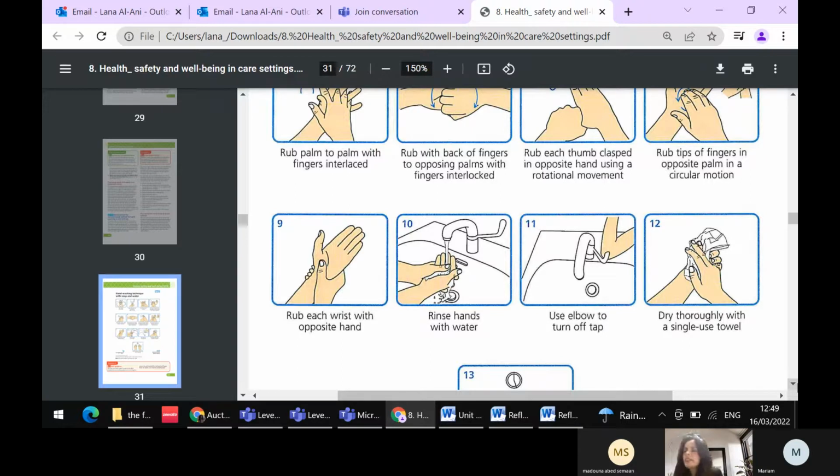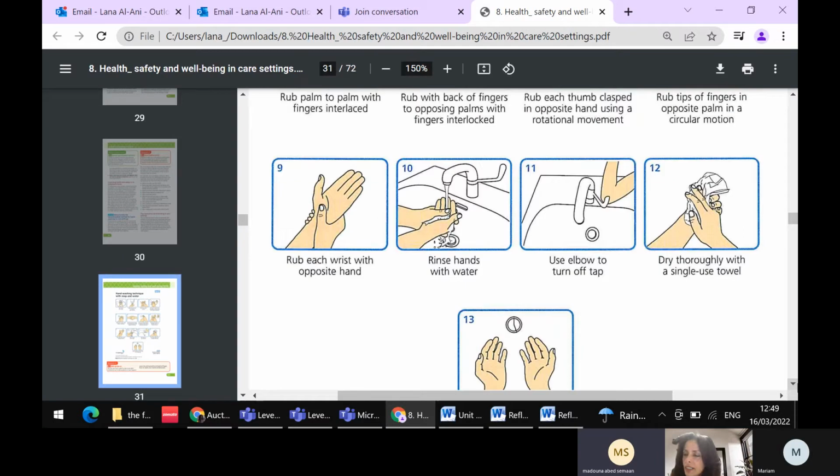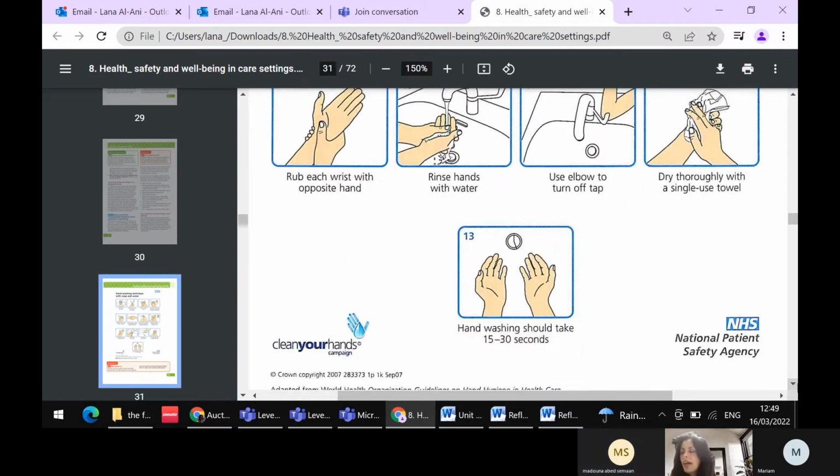And then I need a disposable tissue just to dry my hands. So you need to say it like that, and if there is any drying machine, I can dry it. And hand washing, I do it between every 15 to 30 minutes, so you need to do it whenever it's necessary.